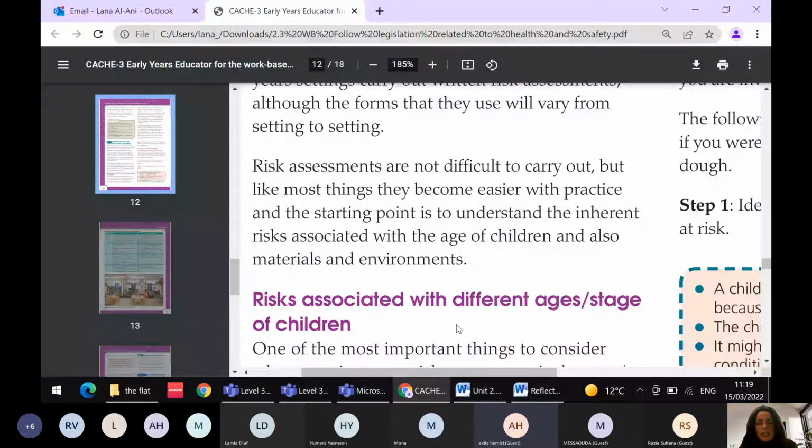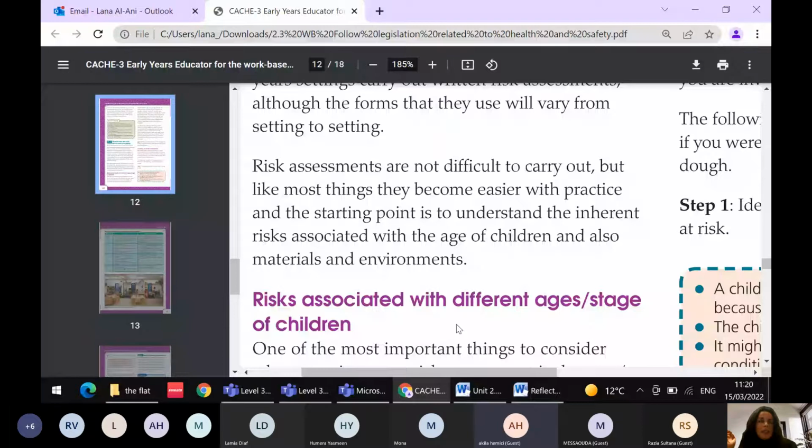Then after that, what I need to do is write it down. So I write my findings in the risk assessment booklet, and after a while I need to monitor and review my hazard and my risk assessment, just in case so many accidents have happened after I did my risk assessment.